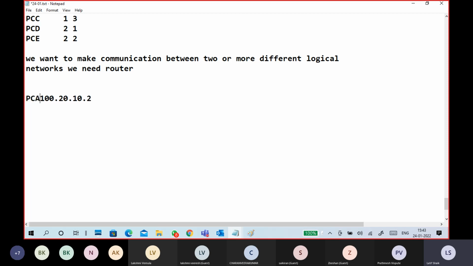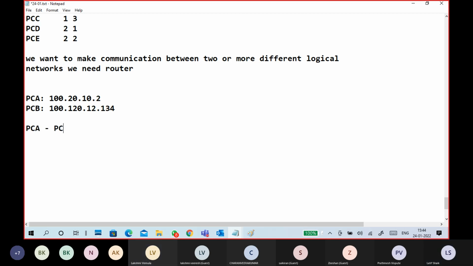This is my PC A IP address, and this is the PC B IP address. Two systems are there, and these are their IP addresses. Can you say PC A and PC B can communicate with each other?